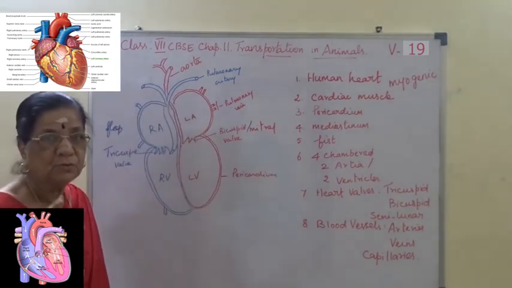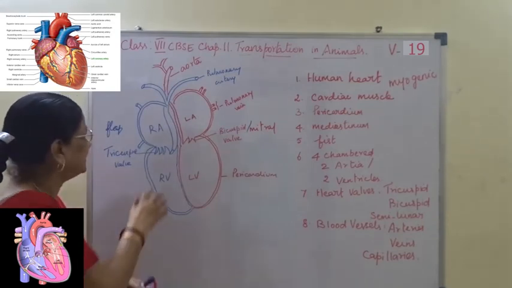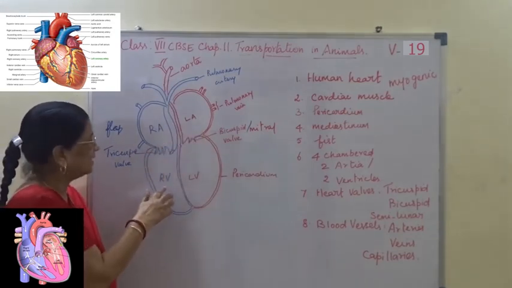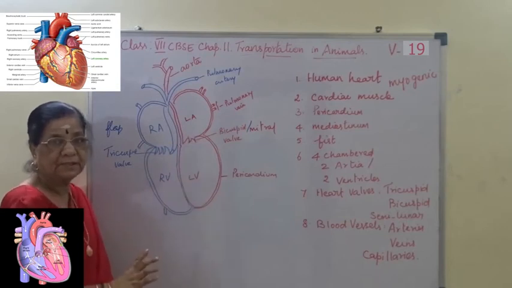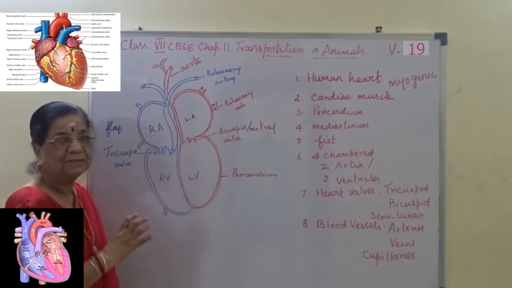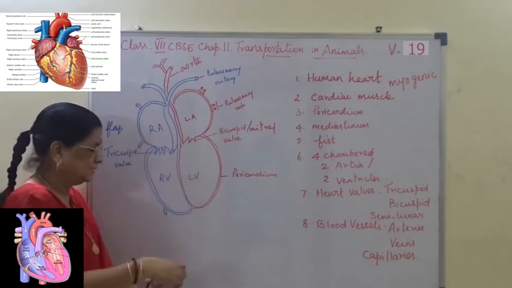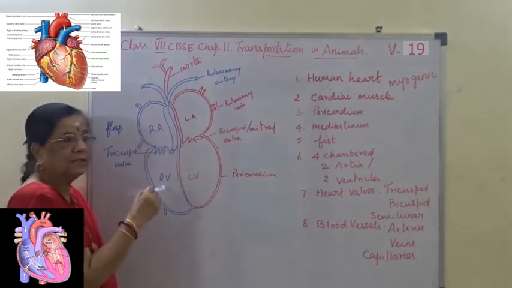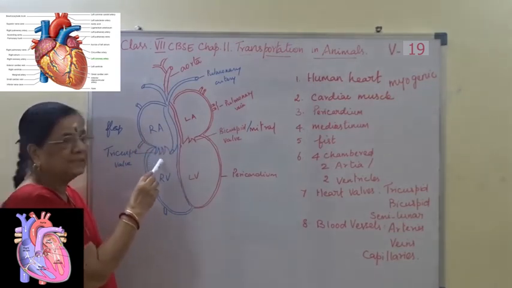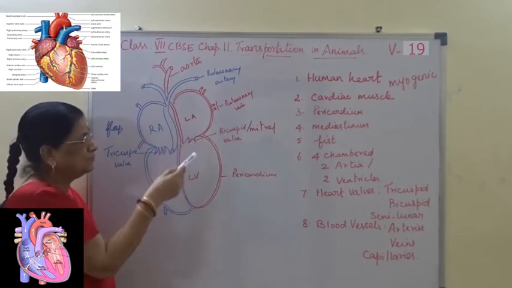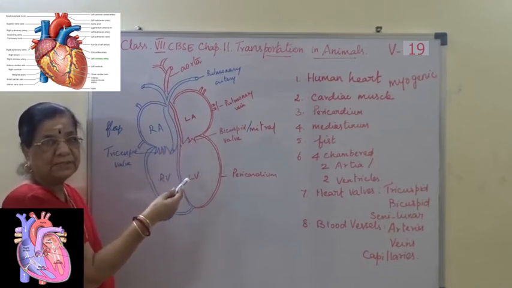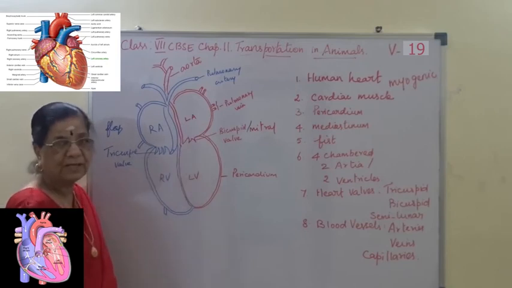So now we know 4 chambers of heart: right atrium, left atrium, right ventricle, left ventricle. Right? Now valves of the heart: right atrium opens into the right ventricle through tricuspid valve. Left atrium opens into the left ventricle through bicuspid valve.